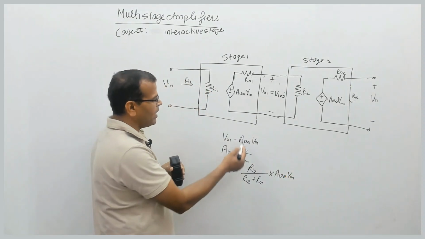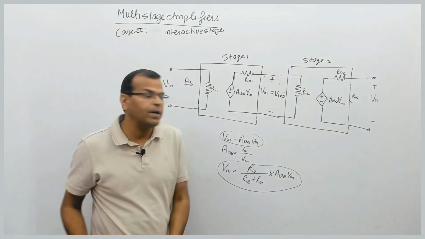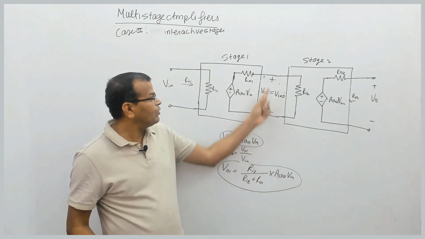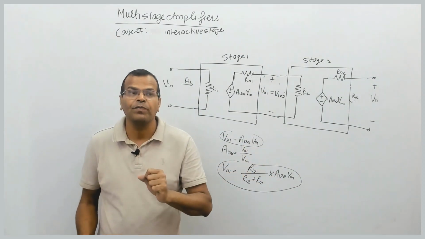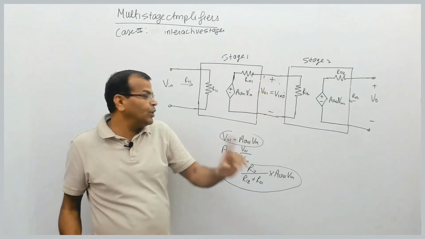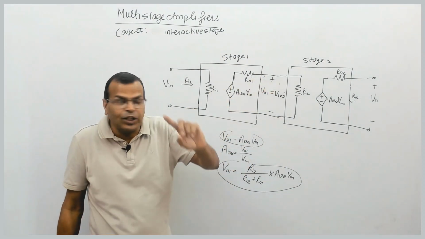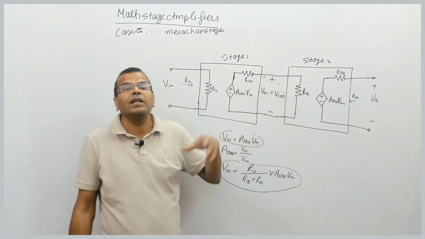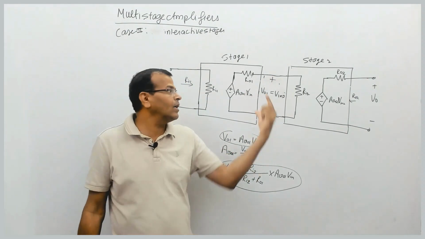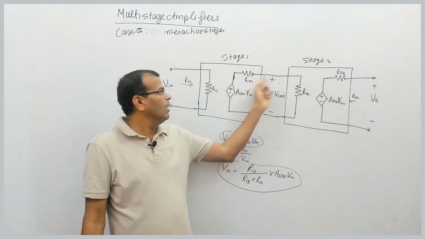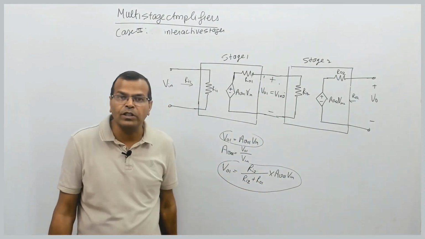And if you compare this and this, what has happened? The voltage which was at the output is not the same, but it has reduced. The output voltage has reduced here when you connect and disconnect. Under open circuited it was this, under connection when both stages are connected, the output voltage is this.